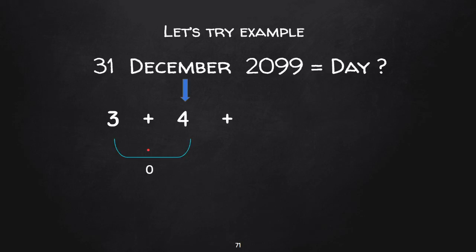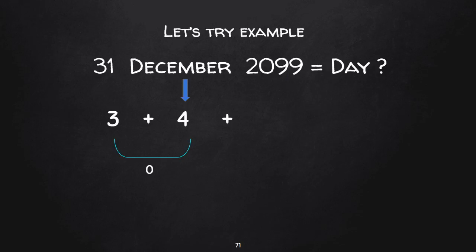That means the only calculation that we have to do is figure out the year code for 2099. For years in the range from 84 to 99, we subtract 84 from that particular year. 99 minus 4 becomes 95, and 95 minus 80 becomes 15. What is the year code of 2015?